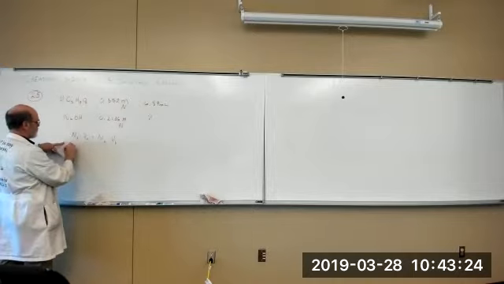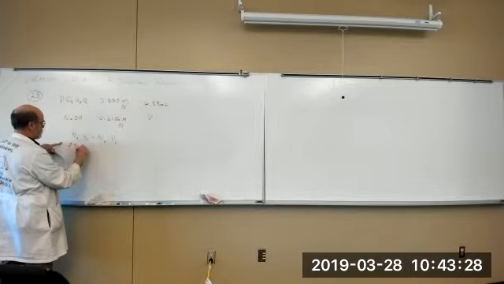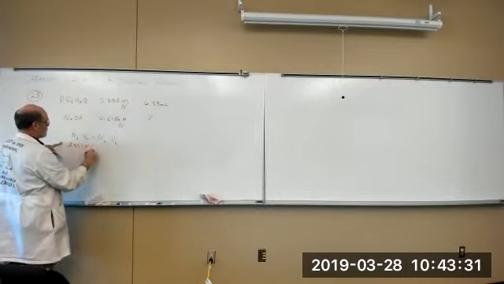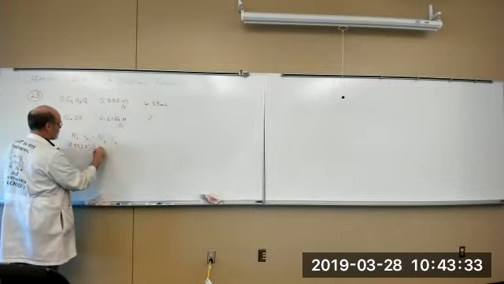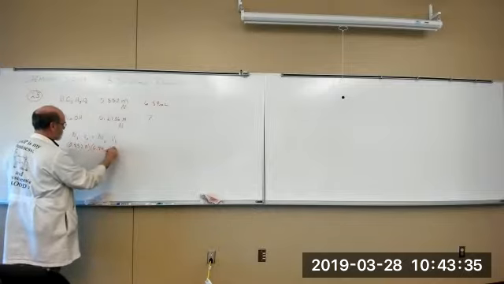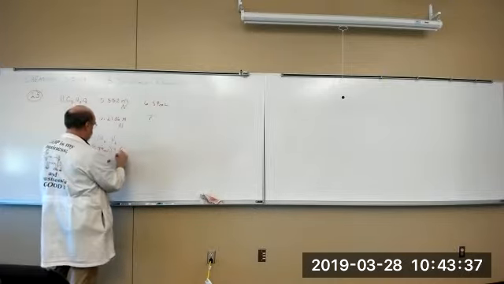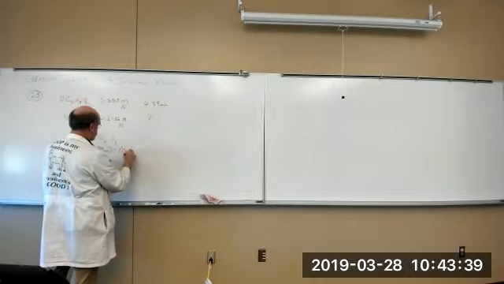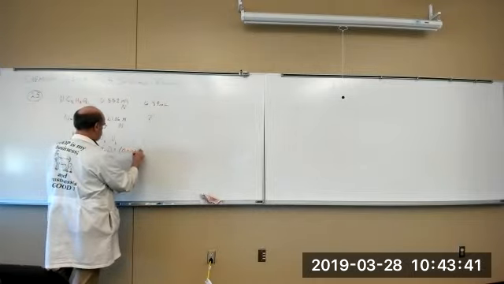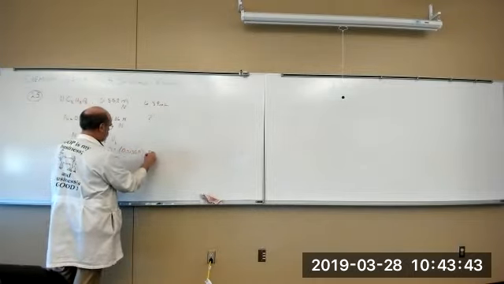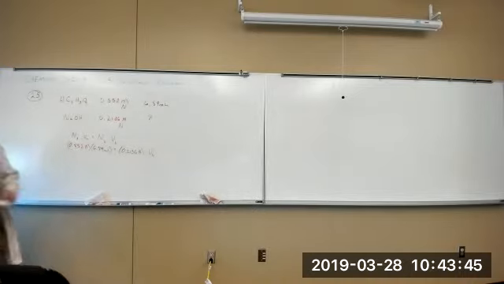So this is 0.852 normal times the volume of 6.89 milliliters. And then the base normality is 0.2436 times our volume of the base. And just solve for the volume of the base.